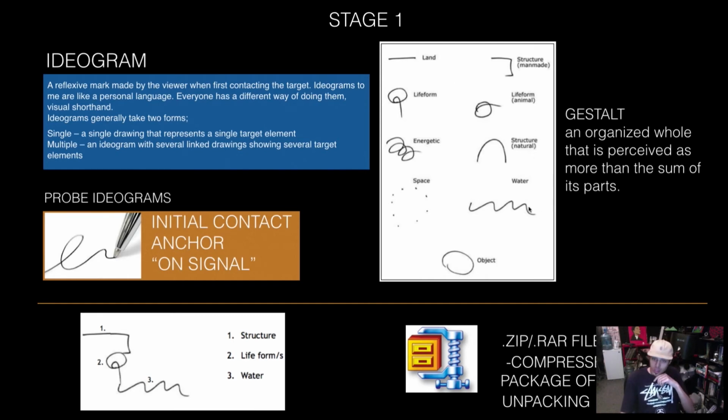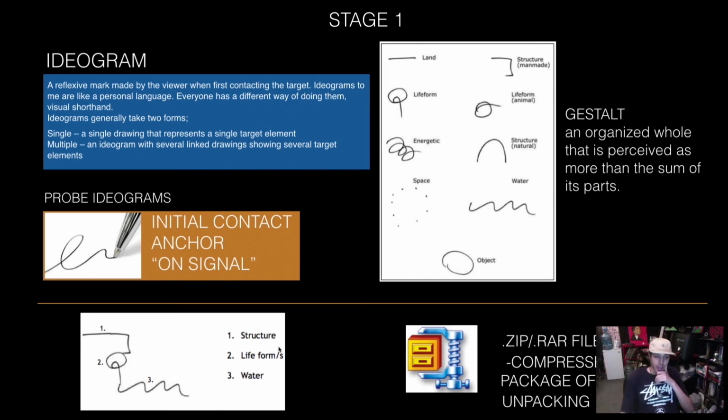A water gestalt could be anything: a river, a lake, a puddle, a hose with water in it. The gestalt behind that is water. Do you understand? A land gestalt could come from any target where there's land. It doesn't tell you anything too specific, but it tells you the main overall gist of the target.